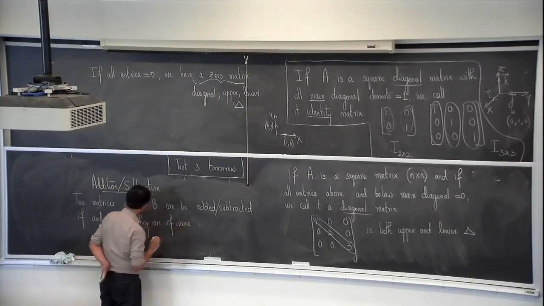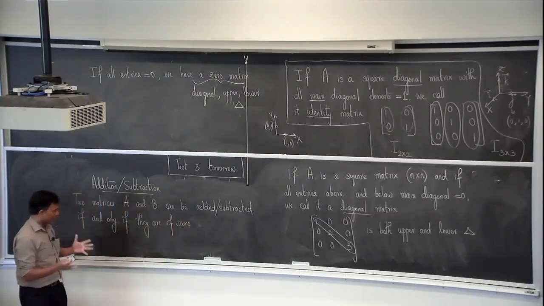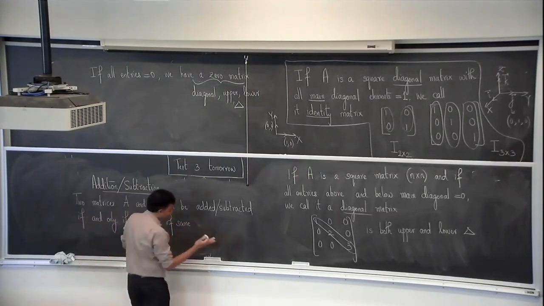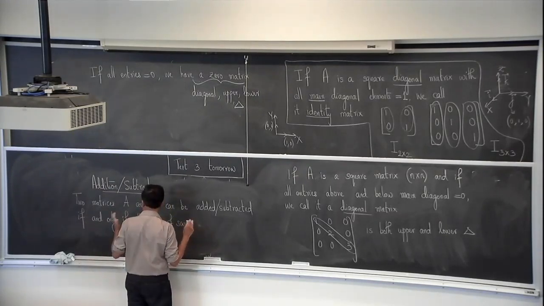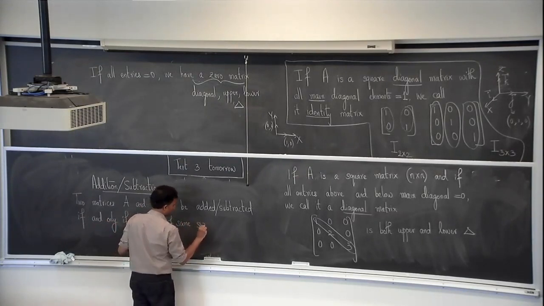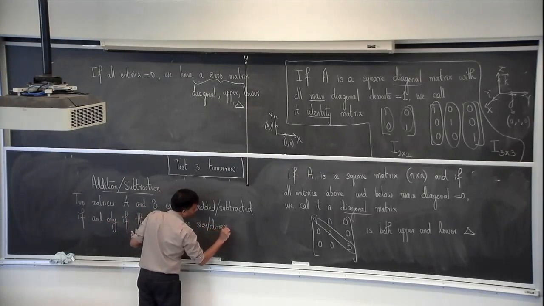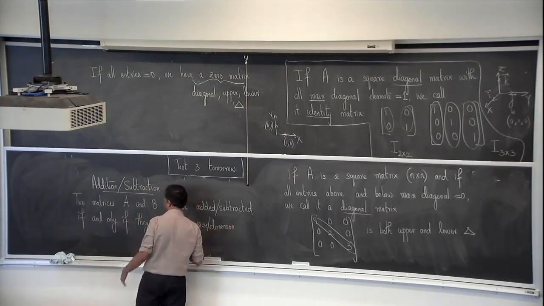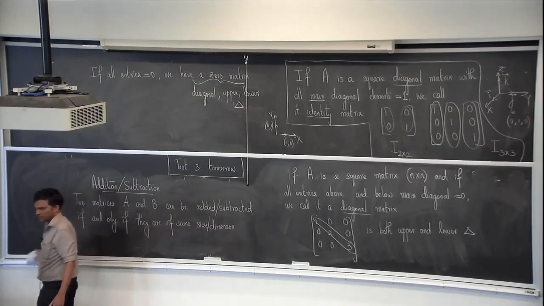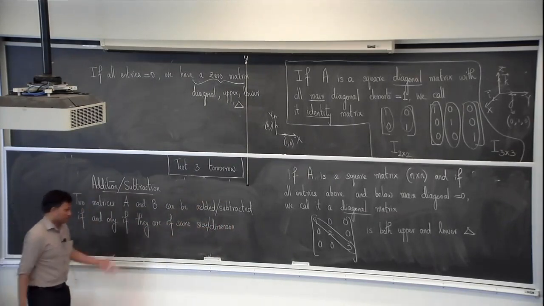Makes sense because what we're going to do is just add and subtract the entries at the corresponding positions, so they better match up with their size. So they're the same size or dimension. When you do this, that's when people think, oh, linear algebra is so easy because all you're doing is adding numbers.